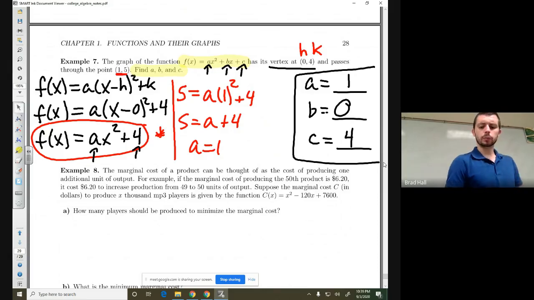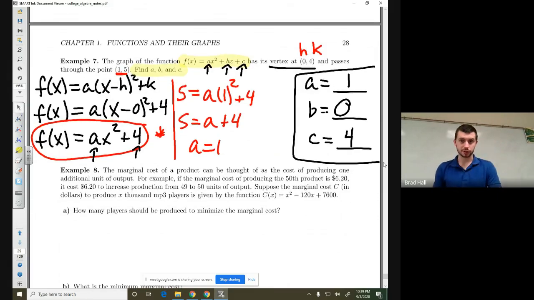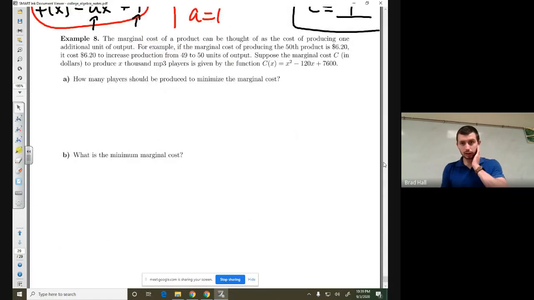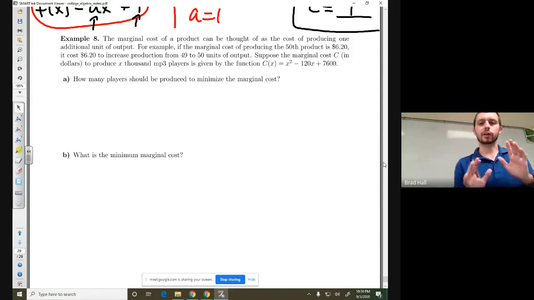And so we go to the last problem in this section. It's talking about the marginal cost. Now, I'm just going to give a kind of hint. For the marginal cost, there is one thing that just tells you exactly what to do. I think there's like 2 or 3 problems that ask you to either maximize or minimize something.